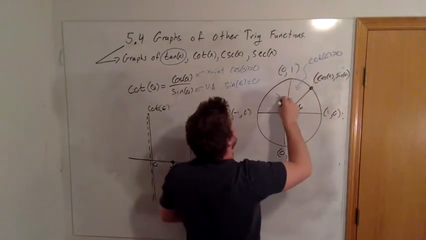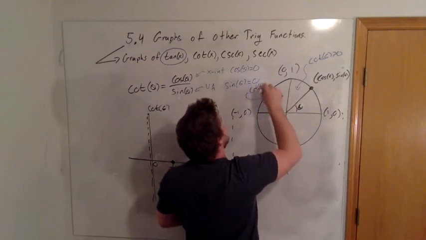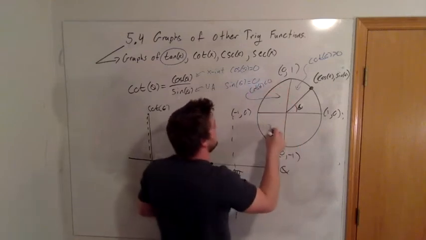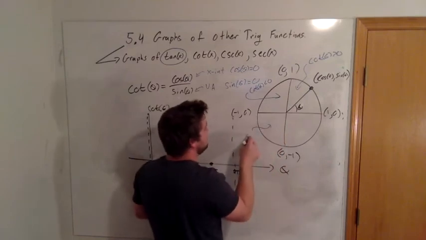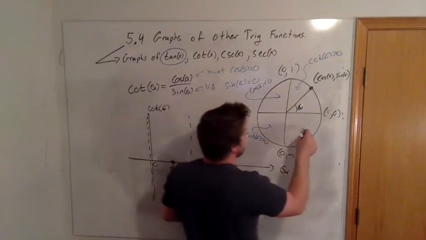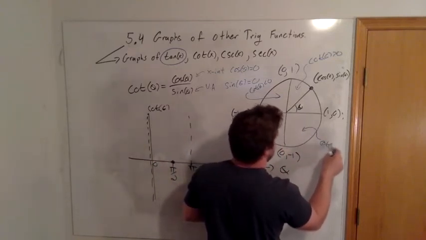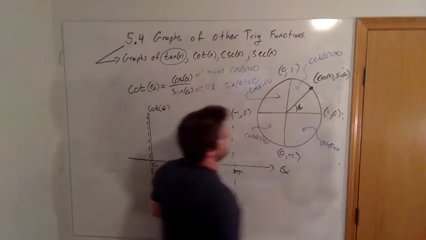Since tangent was negative here, cotangent of theta is also negative here. Since tangent was positive here, cotangent is positive here. Since tangent was negative here, cotangent of theta is negative in quadrant 4.